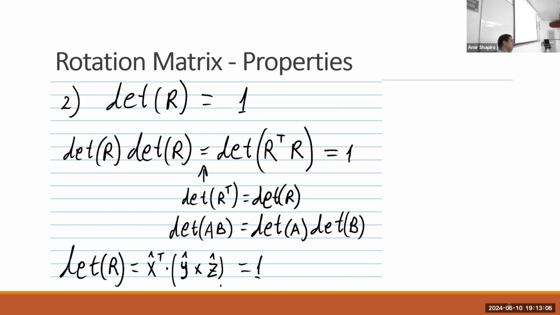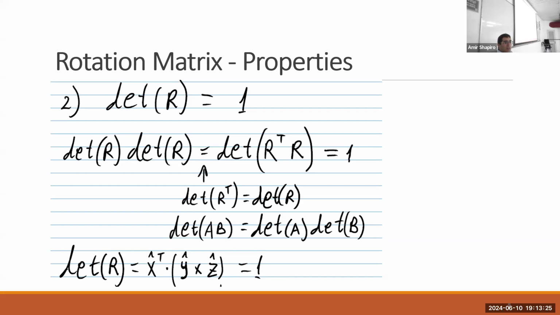The determinant of the rotation matrix is 1. This is easy to show. If we take the square of both sides, then the square of 1 is 1.